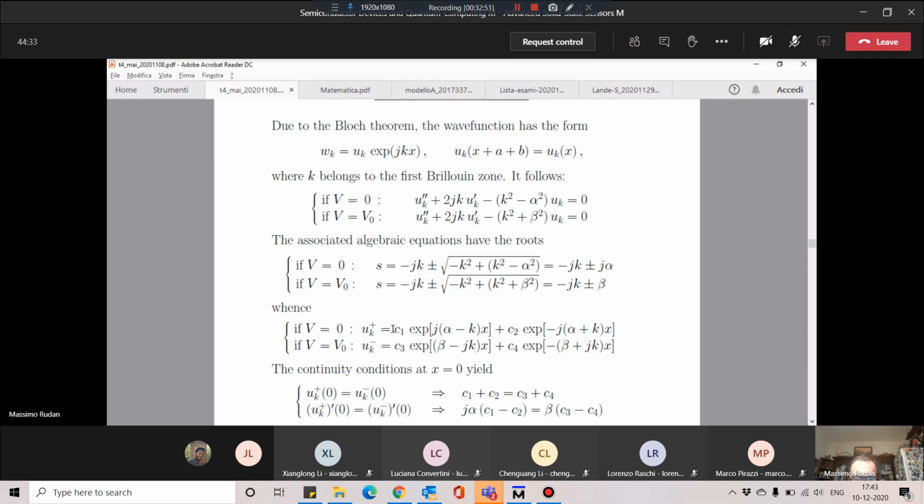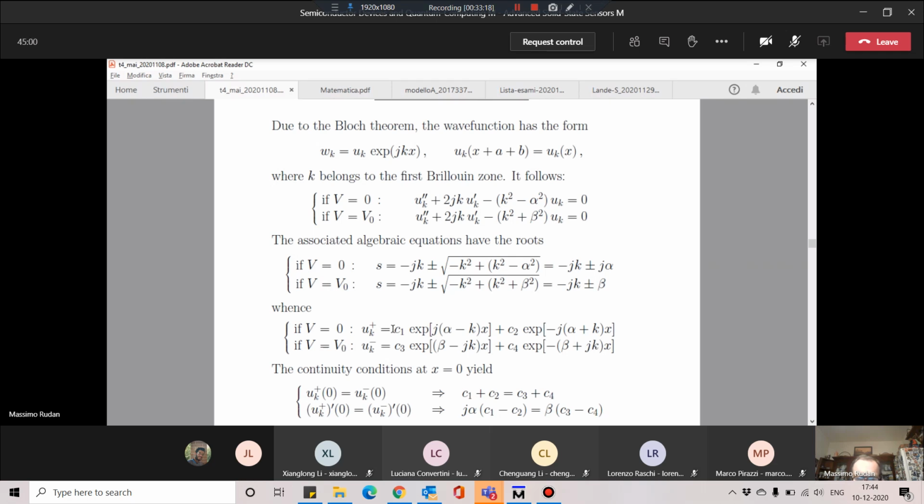For the intervals in which v is equal to v0, we call the solution uk minus, and it is another linear combination whose coefficients in this case are c3 and c4 of the exponentials with the second form of s.